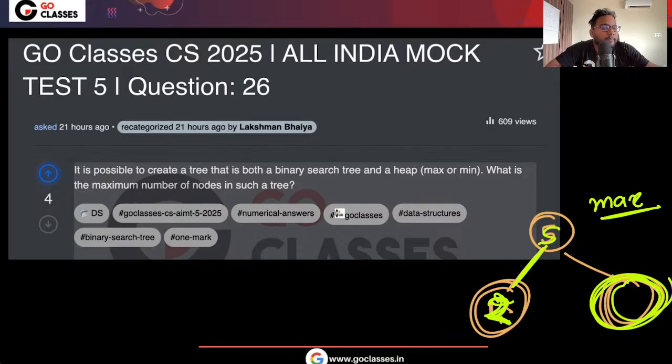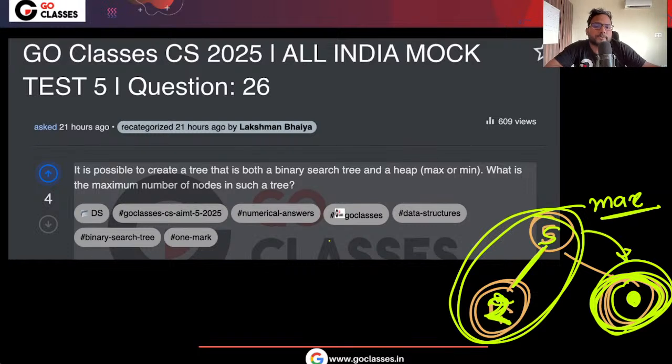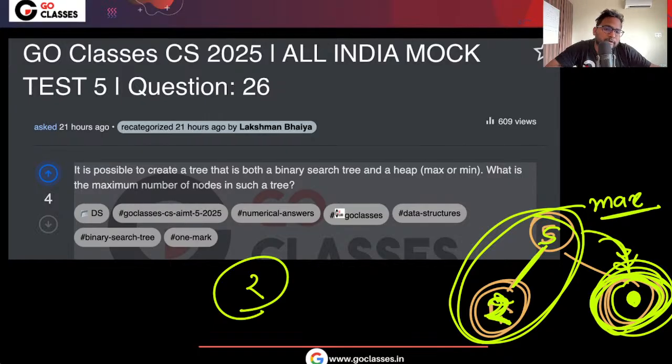For the binary search tree, it has to be greater than 5, but for the heap, it cannot be greater than 5. So basically you can just have this. That is why 2 is the correct answer here.